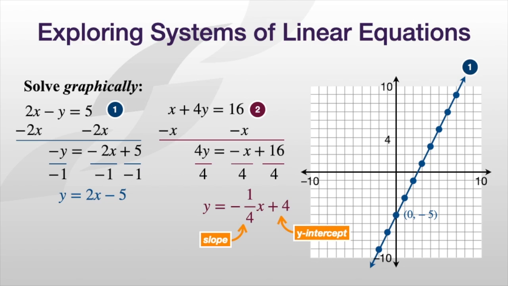Once more, the y-intercept provides a place to begin to graph equation 2. The slope of -1/4 can be thought of as a rise of -1 over a run of +4. Alternatively, it can be thought of as a rise of +1 over a run of -4. Again, draw a straight line through these points to represent all of the points that satisfy equation 2.